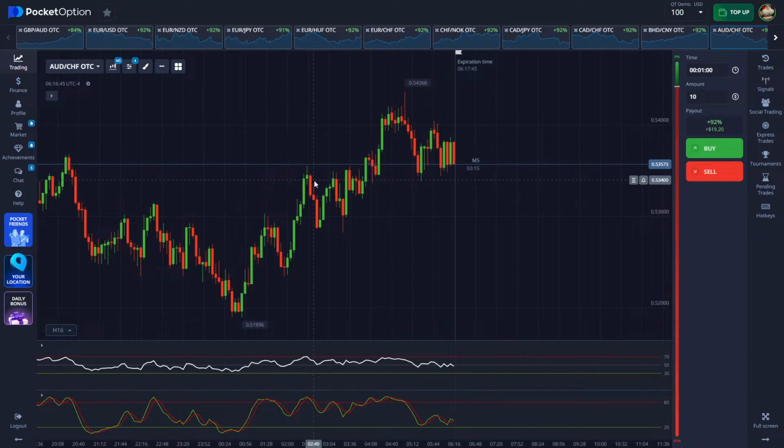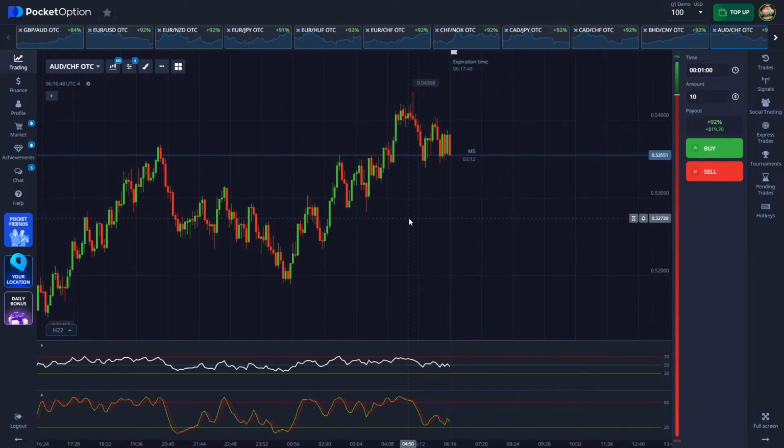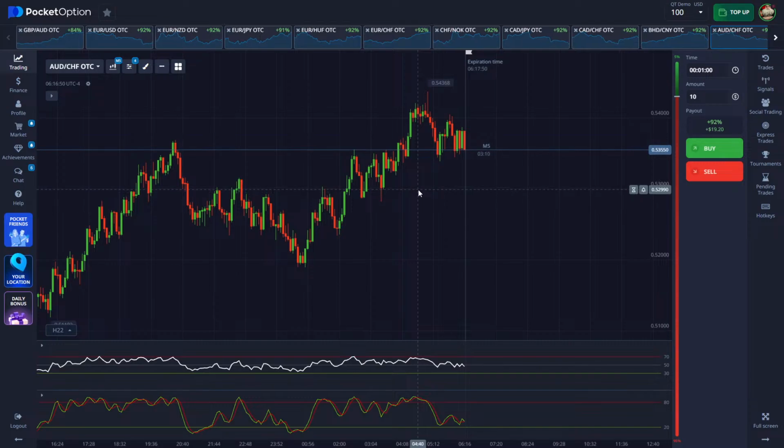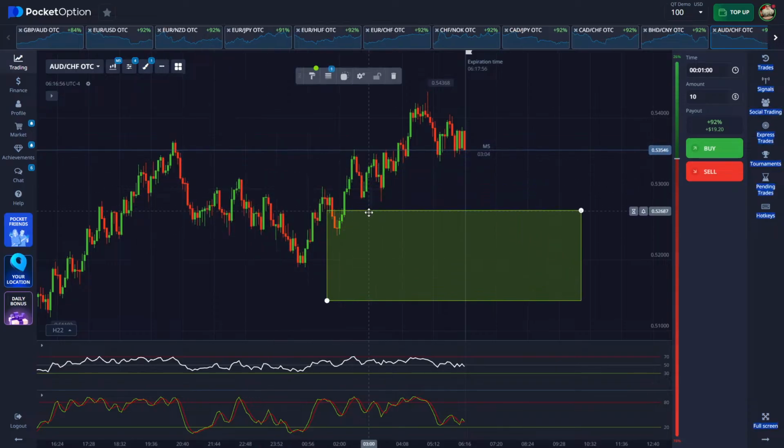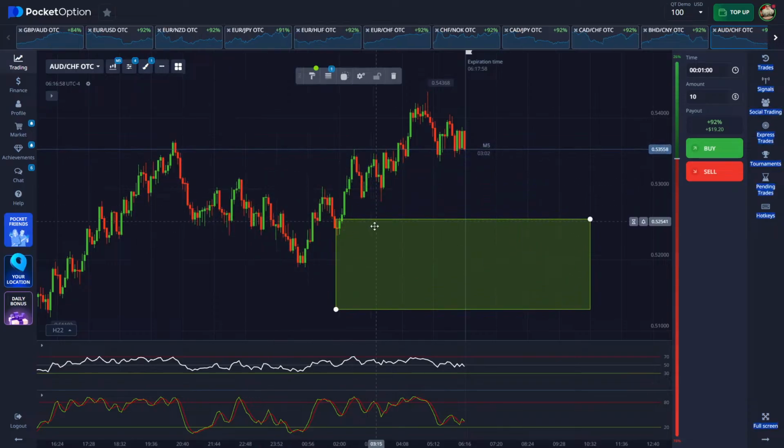Okay, here there's a lot of choppiness. Let's see if we can find. This would be the zone.